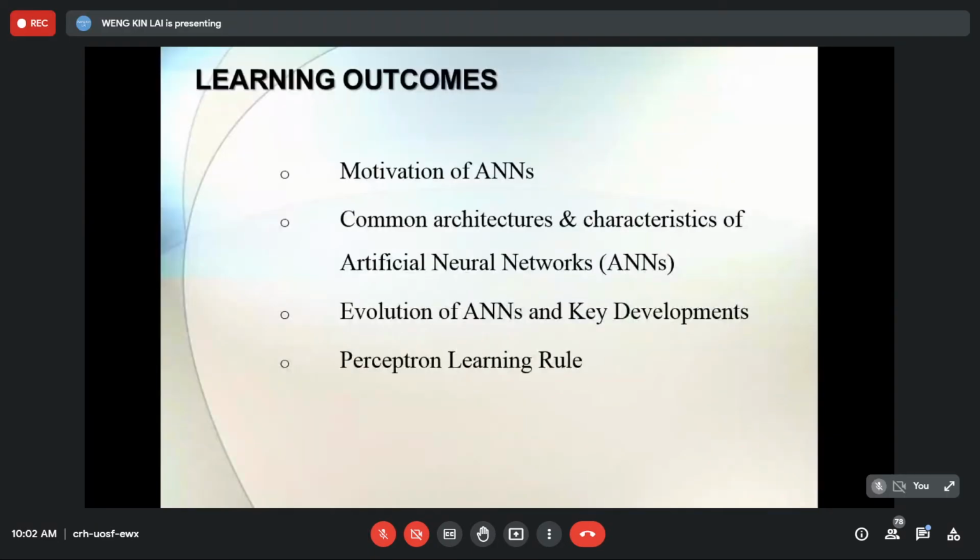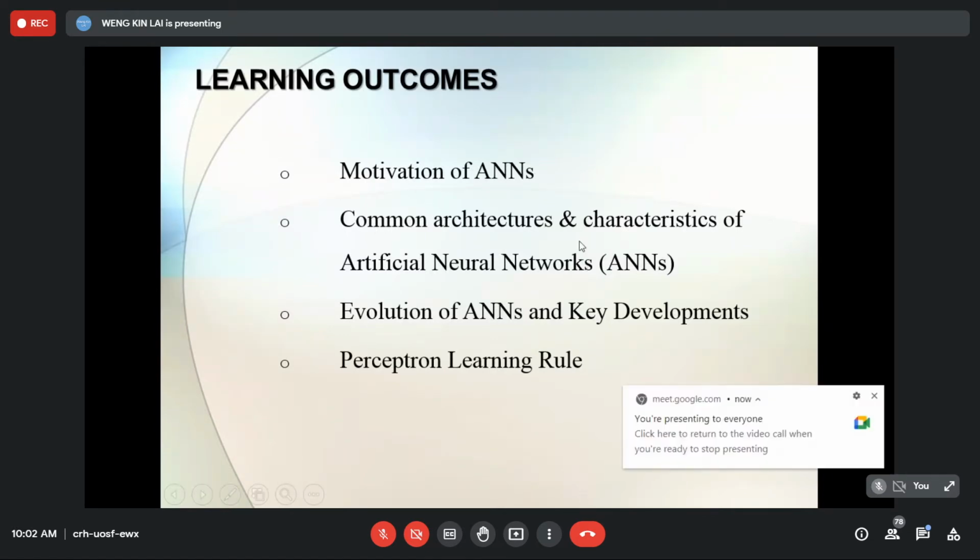We basically looked at the motivation: why we wanted to look at artificial neural networks. So we looked at what we are good at compared to what machines are good at. We always try to leverage on what the machines are good at, so that we can produce a super human being in a way.